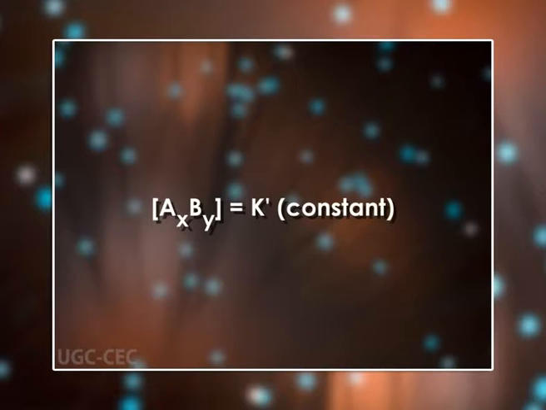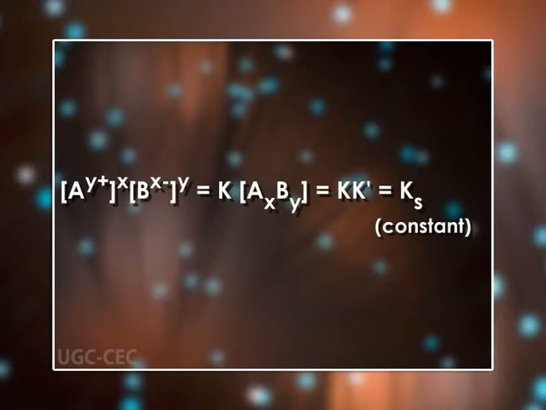Thus, we can simply say that the concentration of Ay positive raised to power x into the concentration of Bx negative raised to power y is equal to constant K into the concentration of AxBy, which is again equal to K dash. The multiplication of the two constants again gives another constant, that is Ks.